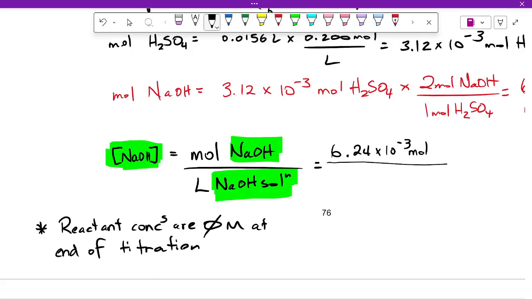Therefore, the concentration they're looking for is always the initial concentration, because if they asked you for the final concentration, it would always be 0.